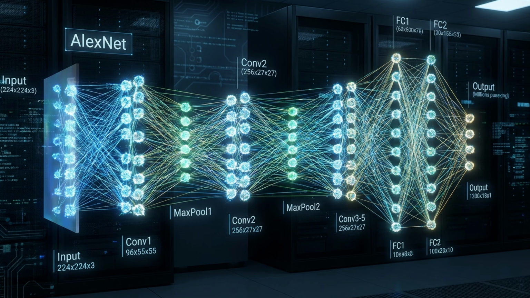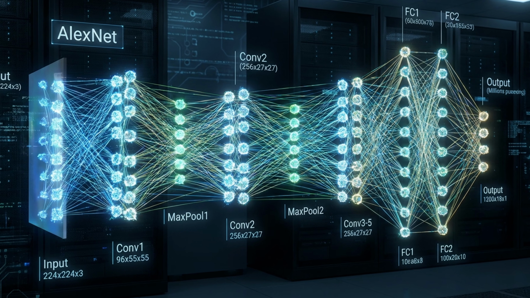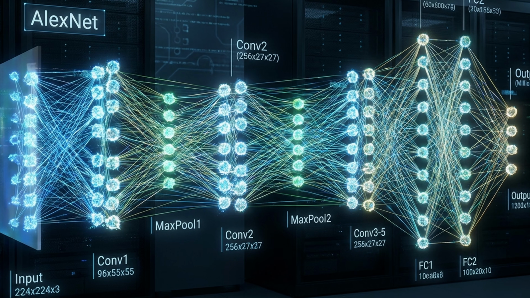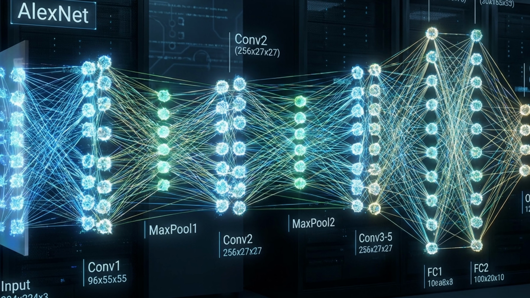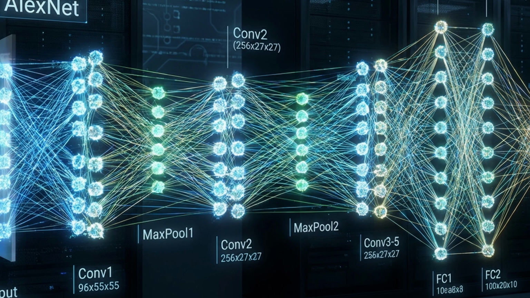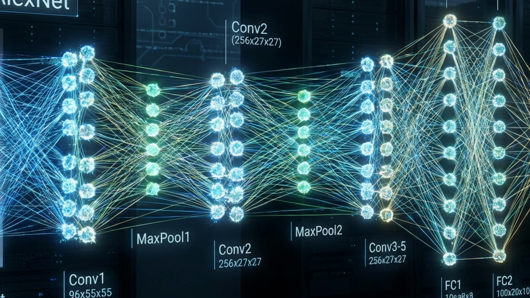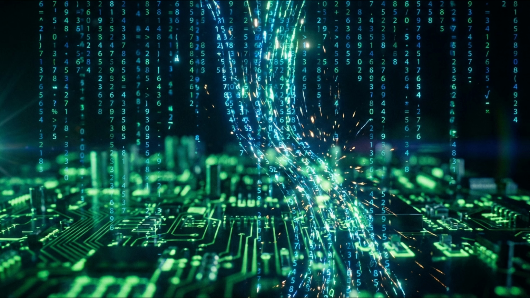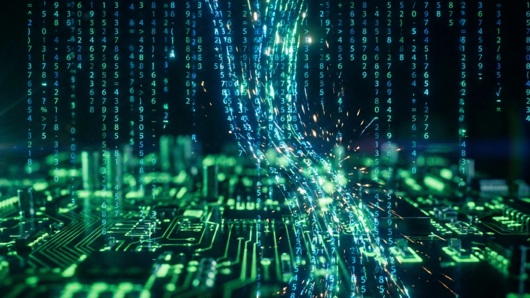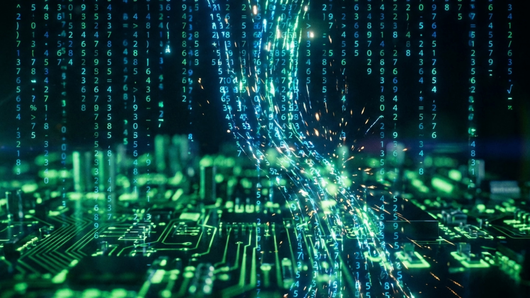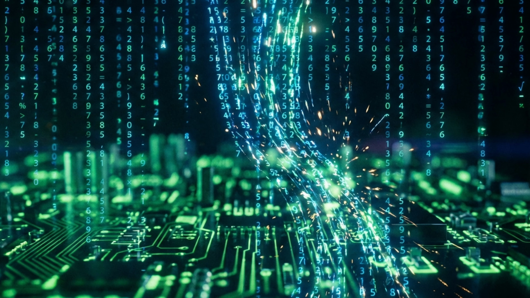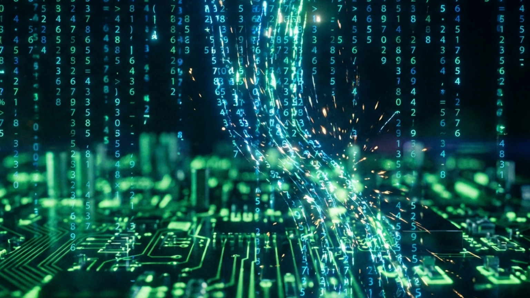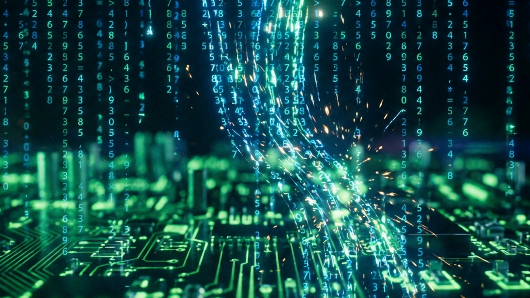The model architecture consisted of 60 million parameters and 650,000 neurons, an architectural depth that was absolutely essential for its high predictive accuracy, but computationally impossible to train on standard computer processors. Deep learning operations, specifically the forward passes where the network makes a guess and the backward passes where it corrects its errors, are fundamentally composed of immense matrices being multiplied together.